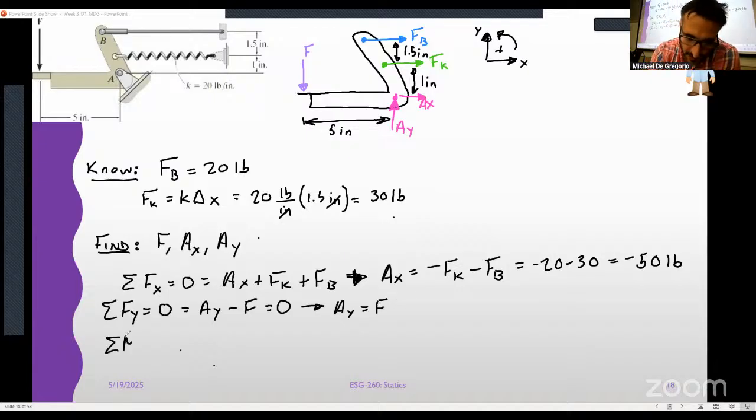Our third equation, we're going to sum the moment. Where are we going to sum the moment about? Well, this one is kind of a problem for us, the way this problem is set up. Why? Is it a problem at all?